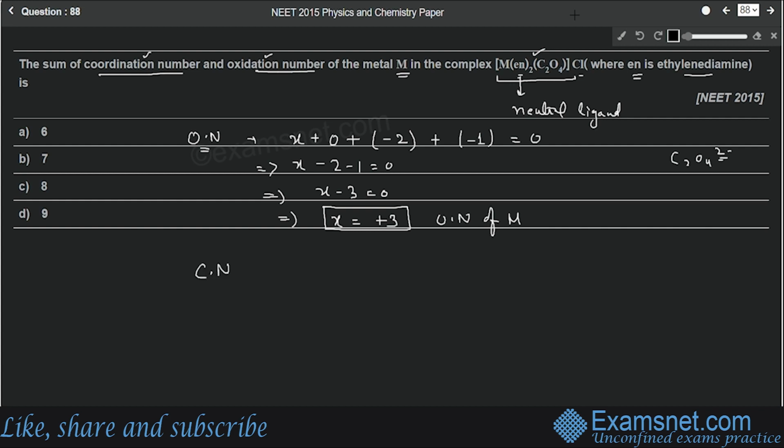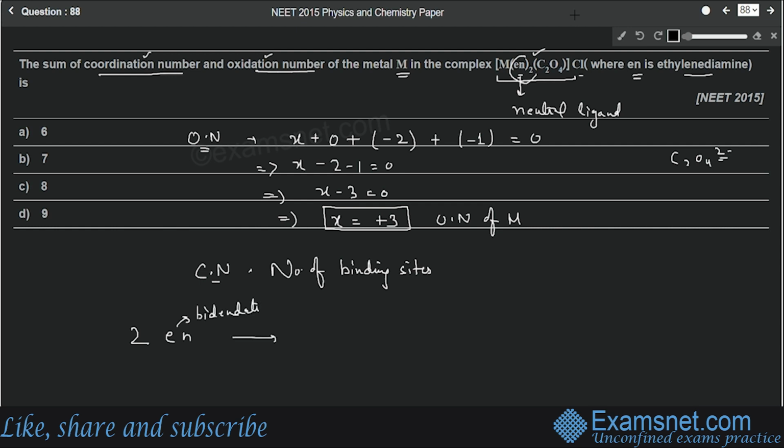So coordination number means number of binding sites. So here we can see that the metal is bound to 2 ethylene diamine and 1 C2O4. So there are 2 ethylene diamines, and ethylene diamine is a bidentate ligand.